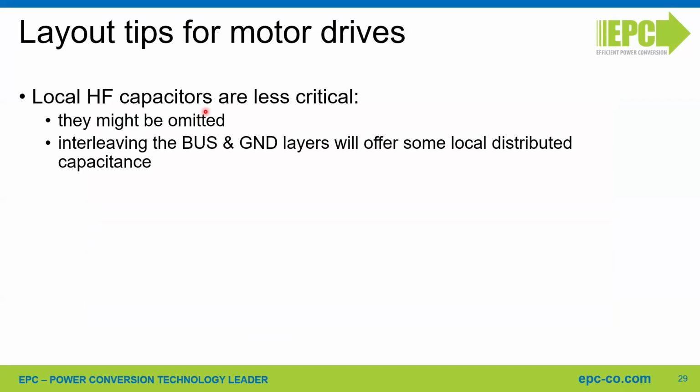In some cases, they might be omitted, and interleaving the bus and ground layers will offer enough distributed capacitance to keep a clean switching. And also, this is thanks to the slower switching that can be obtained by increasing the gate resistors and increasing the switching times.